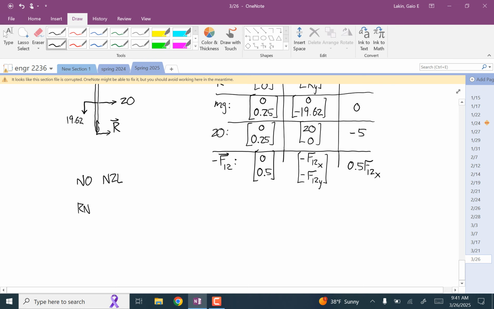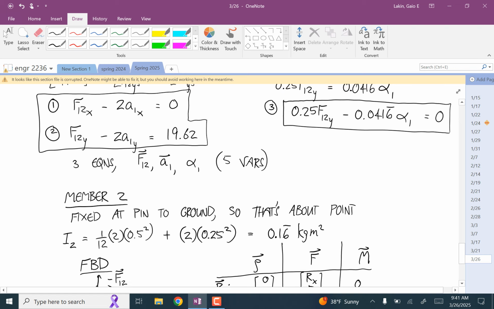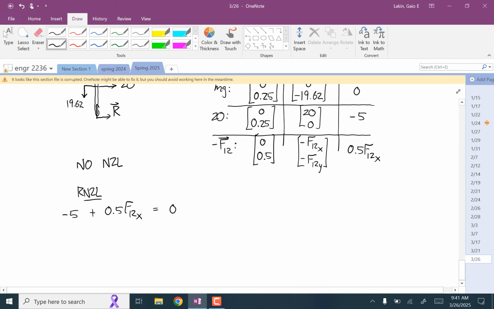And so we'll go to the moment equation. And it says negative 5 plus 0.5 F12x is equal to our moment of inertia times the angular acceleration of body 2.